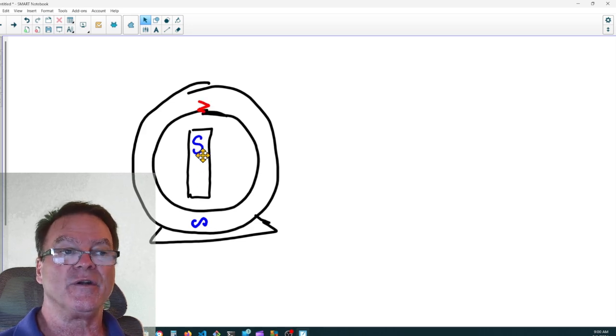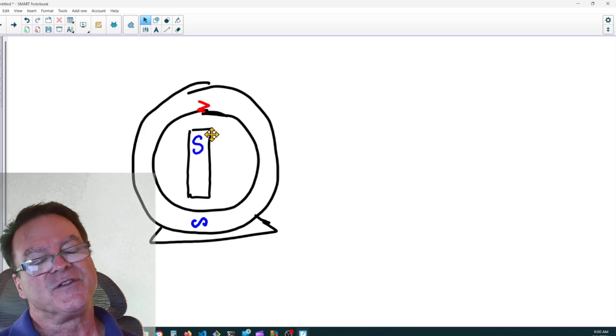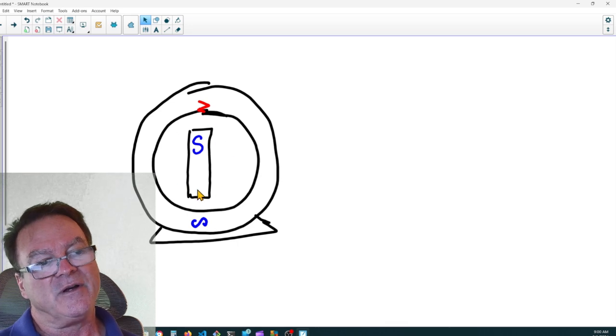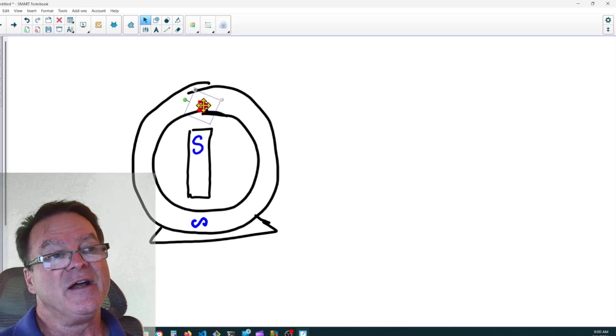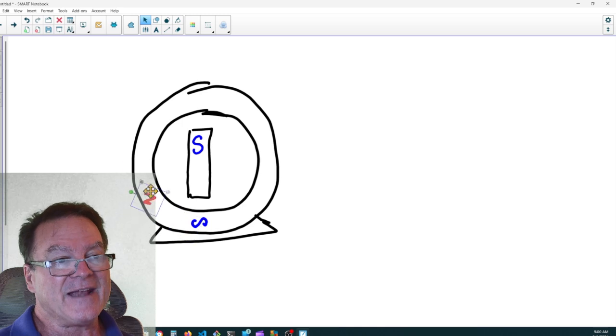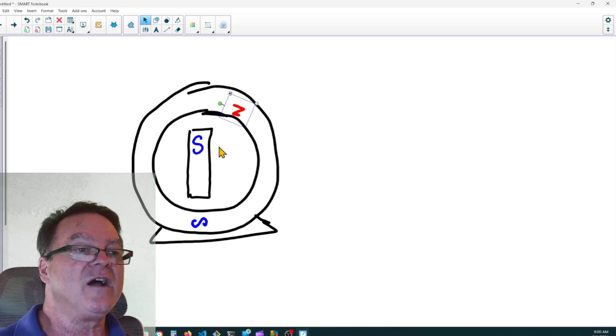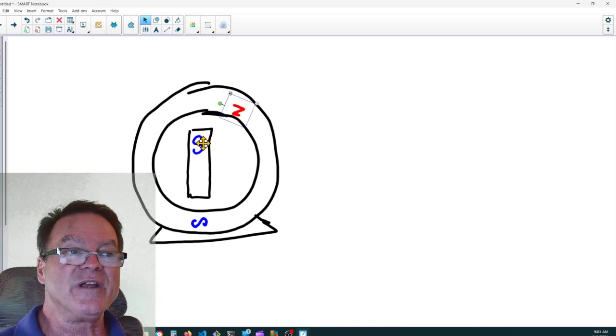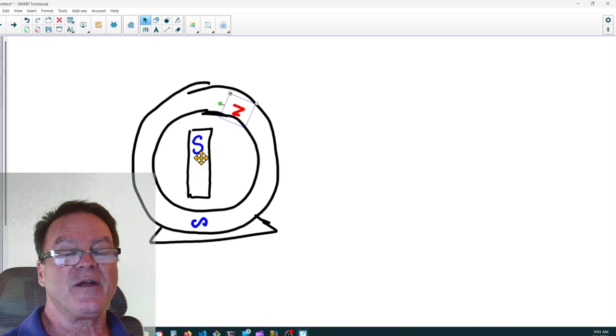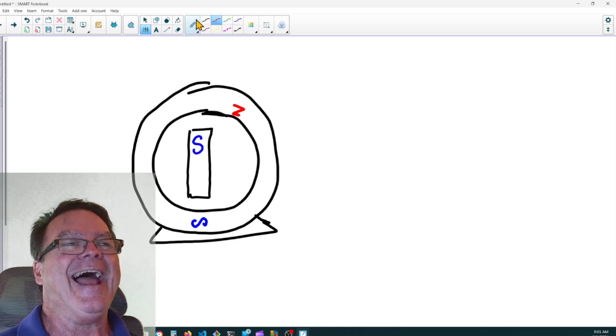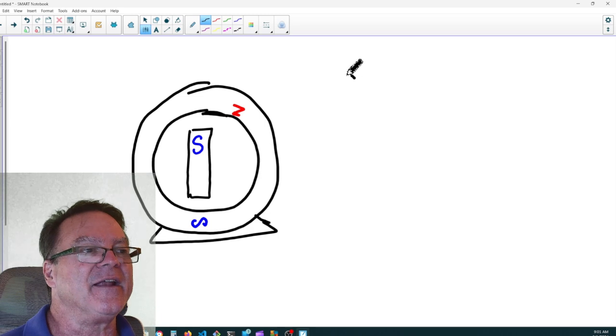So the voltage and the current in the rotor are going to decrease. They're going to collapse. When that happens, this rotor is going to slow down. When it slows down, then the north and south poles are going to then cut those lines of flux and reintroduce a voltage and a current in that rotor, and it'll start spinning again.